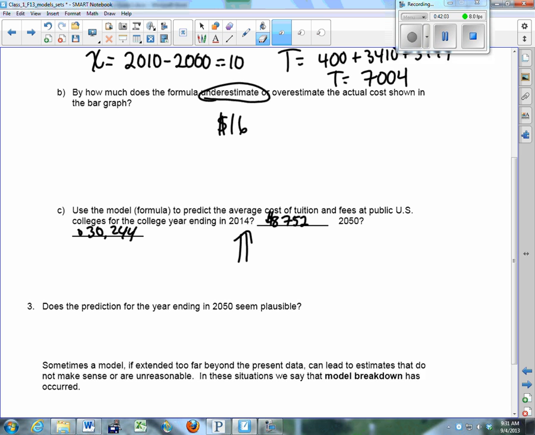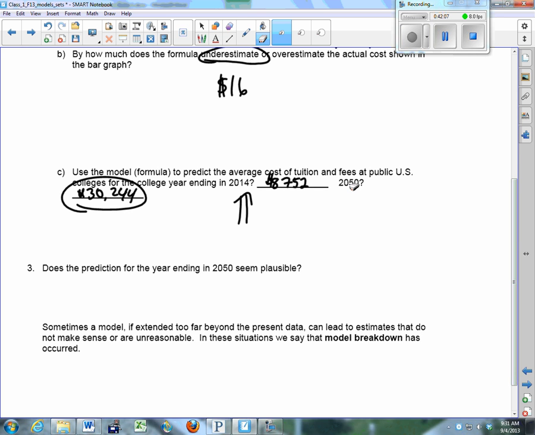Does that sound good? Okay. So let's think about this prediction. Does that seem plausible that in 2050 it's going to be $30,000? Seems like a lot, but we don't know. If it seems really unreasonable to you, then sometimes we say a particular model has model breakdown.